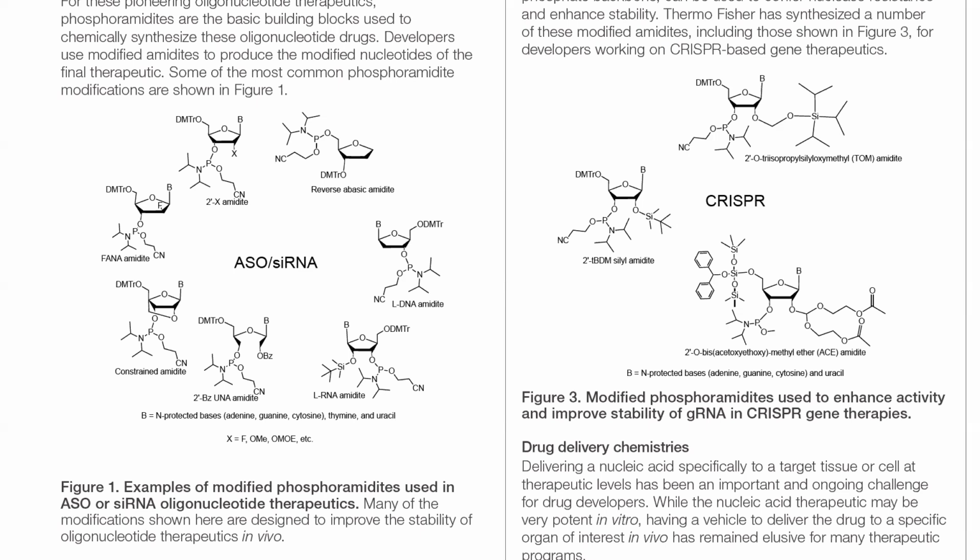Each of these molecules plays a specific role in facilitating oligonucleotide function depending on where they're placed in the sequence. These functions include resistance to degradation by DNA glycosylase, RNase, and other types of enzymes. Examples of modified phosphoramidites for antisense oligonucleotides and siRNAs are shown here in Figure 1.